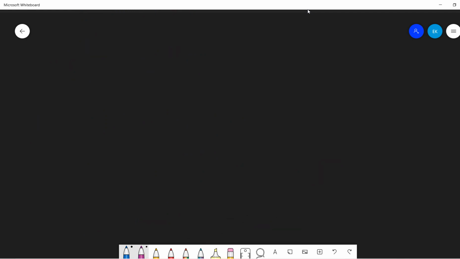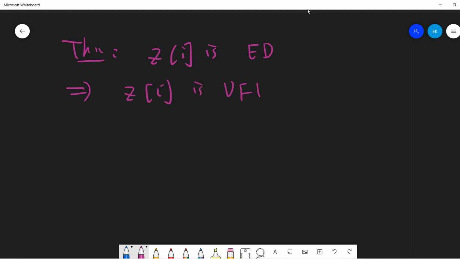Okay, so the theorem is that Z[i] is a Euclidean domain, and from abstract algebra we know that Z[i] is a unique factorization domain. Up to now we are good, because we need to use another theorem.